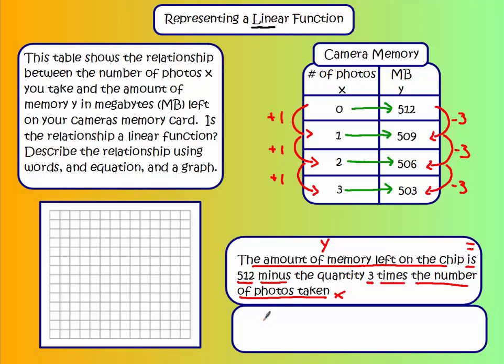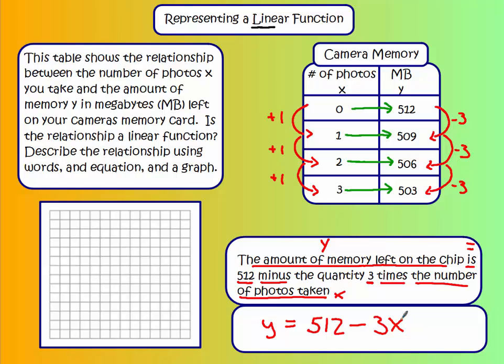So we have y equals 512 minus the quantity 3 times the number of photos taken. So 3 times the number of photos taken is x, 3x. So here is an equation.